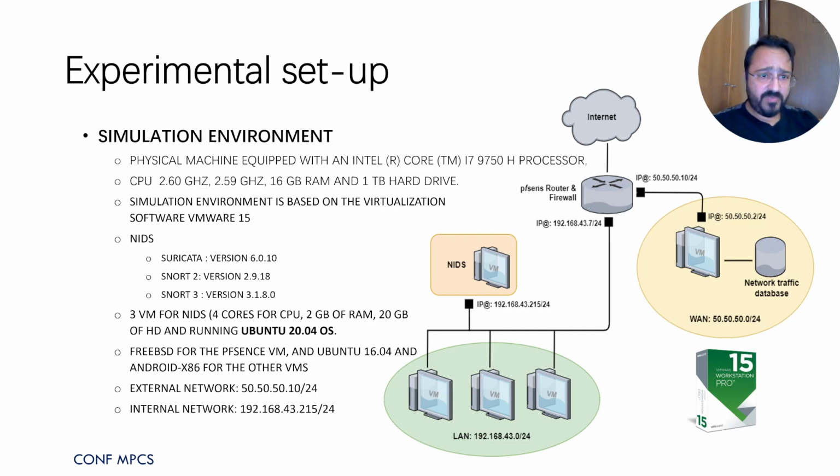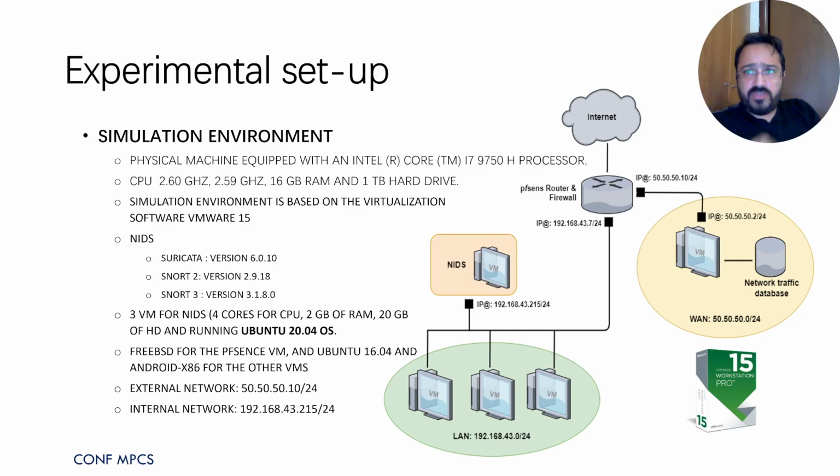And we set up 3 VMs, one for each instance of Suricata, Snort 2 and Snort 3. Basically, we set up, first of all, Ubuntu 20.04 OS, and we gave 4 cores to each one, 2 GB of RAM and 20 GB of hard disk. So we set up a lightweight version of Ubuntu with the minimal needed, 1 instance, and then we copied this instance 2 times, so they were identical.